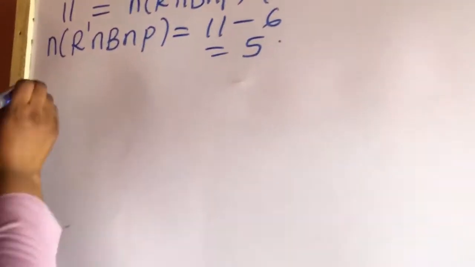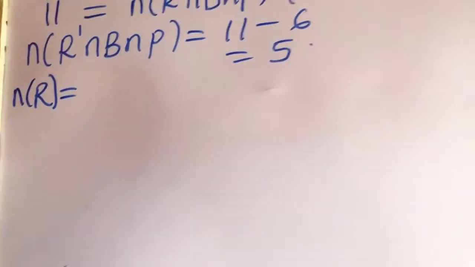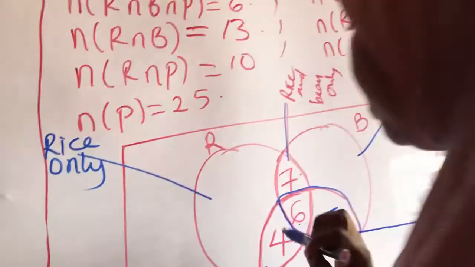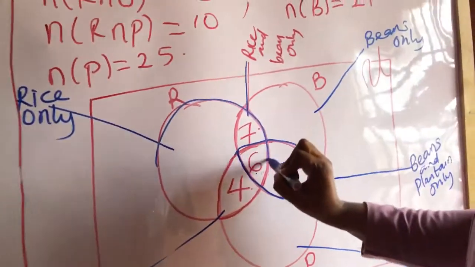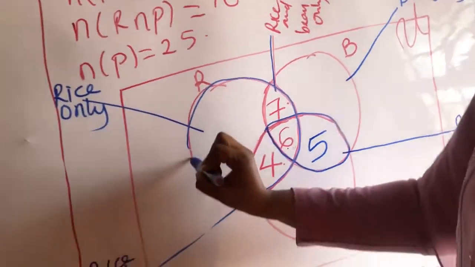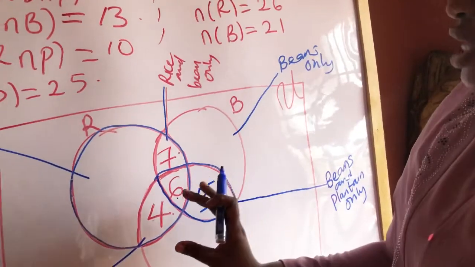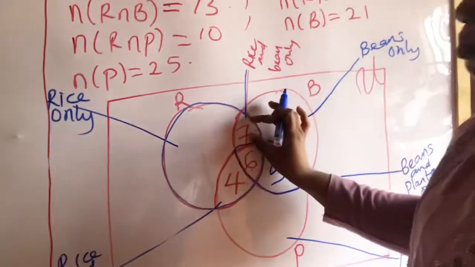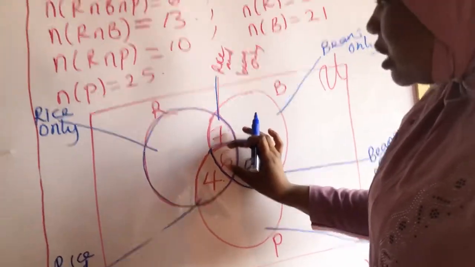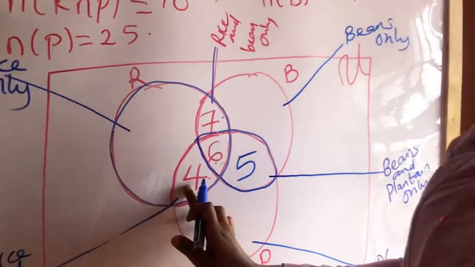Now, the cardinality of rice is this circle. Everywhere here, all the circle is cardinality of rice. So this cardinality of rice now consists of rice only, rice and beans only, rice, beans, plantain, and rice and plantain only. So you have to understand all these steps.